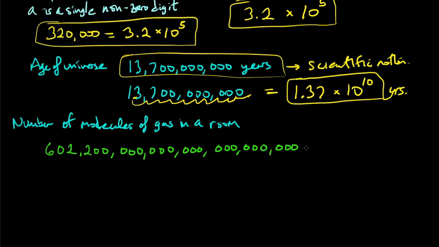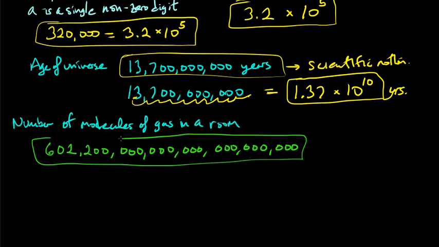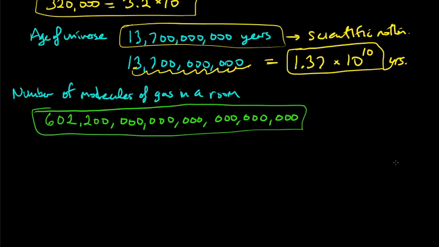I think that's it. Yep. So this is a very big number, right? It's a huge number. It's a lot of molecules of gas, right? So we're talking about oxygen, nitrogen, carbon dioxide, right? These are typically molecules of gas that are in the room.